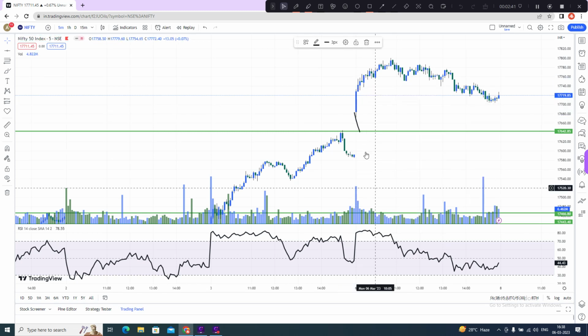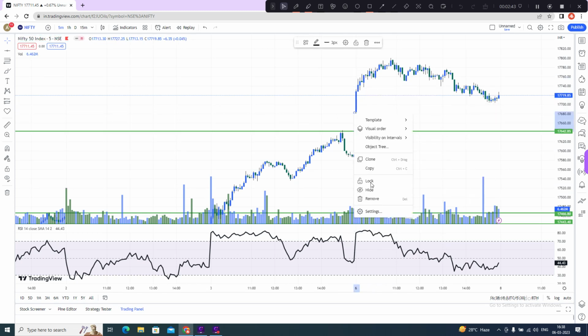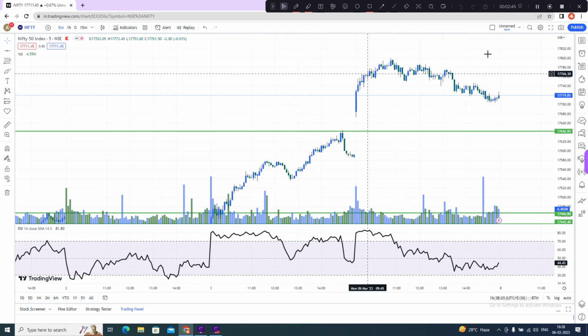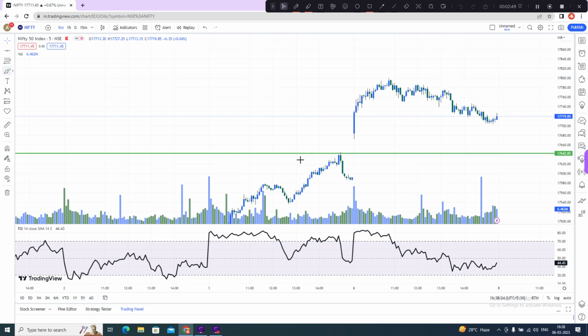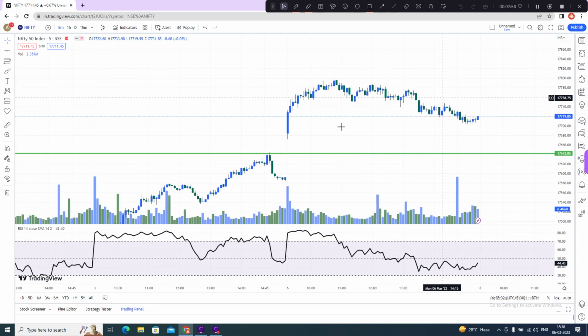So traders, how do we trade this kind of price action? The simplest way to trade this kind of price action is that we switch to the 5-minute chart, and we wait for the first 5 minutes candle and see how it is.